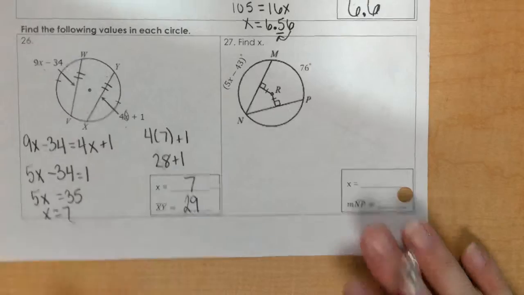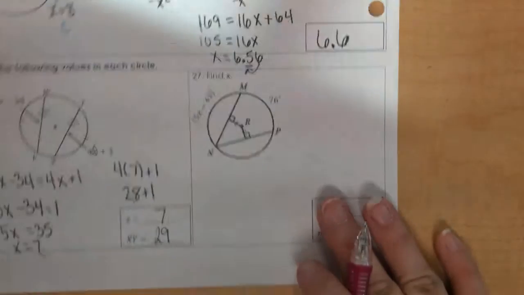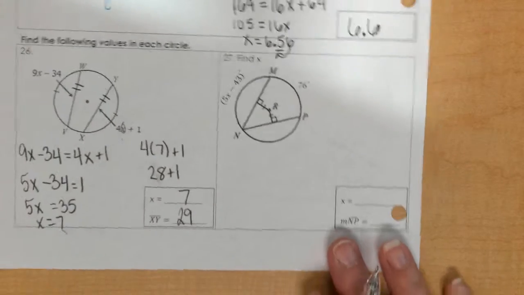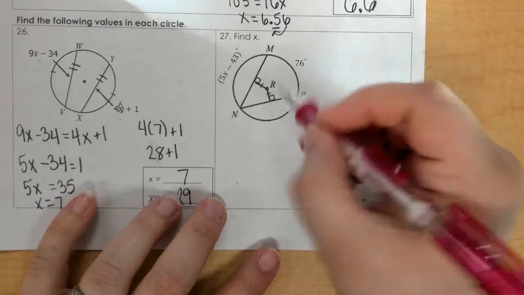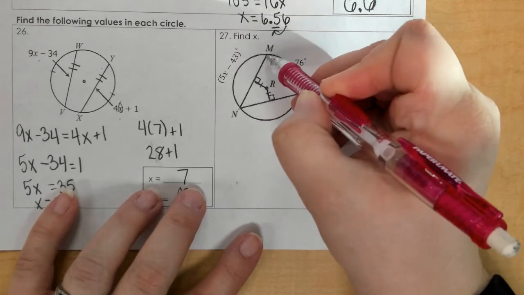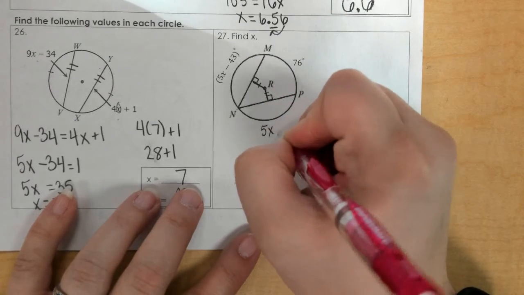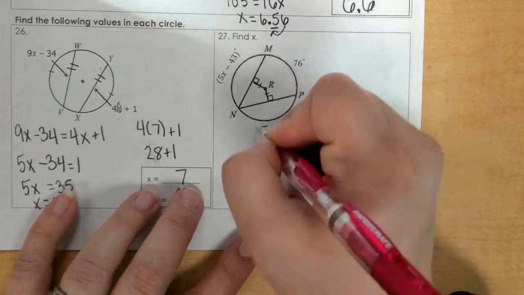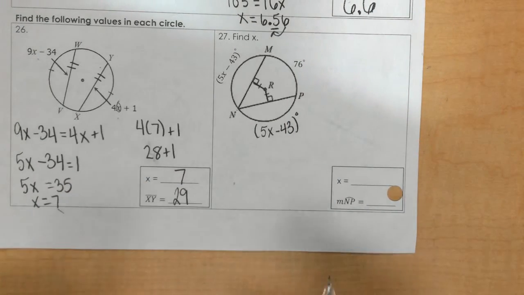Okay, and then the very last one here, again, we have this idea of congruent arcs, congruent chords. Okay, so if these are equal right here, then NP is congruent to NM, which means that arc NP is also 5x minus 43. And so the first thing that you know is that all of those arcs have to add up to 360.